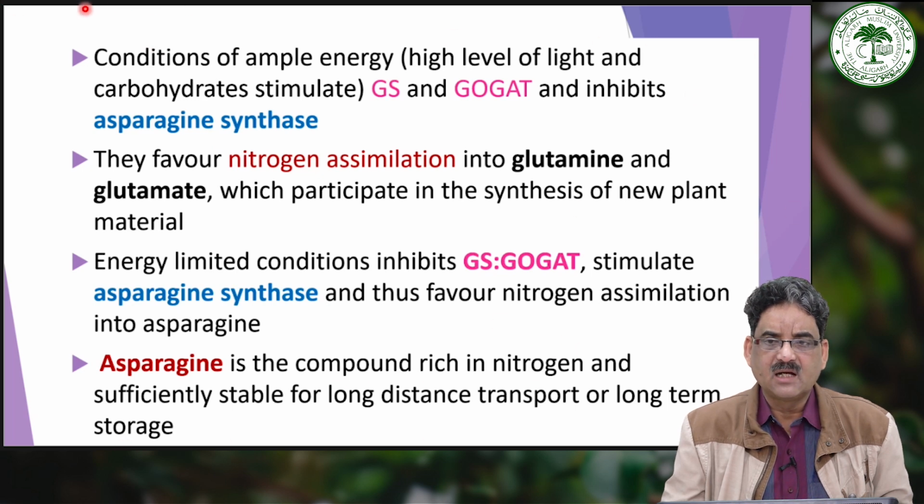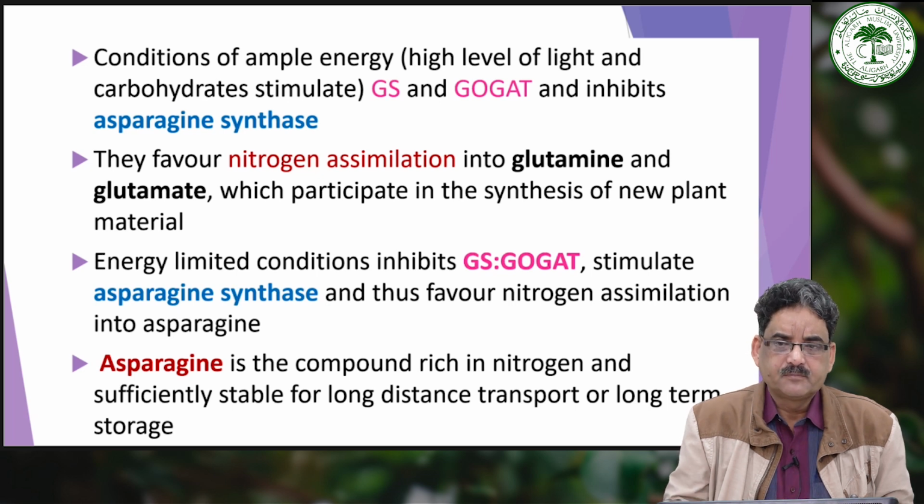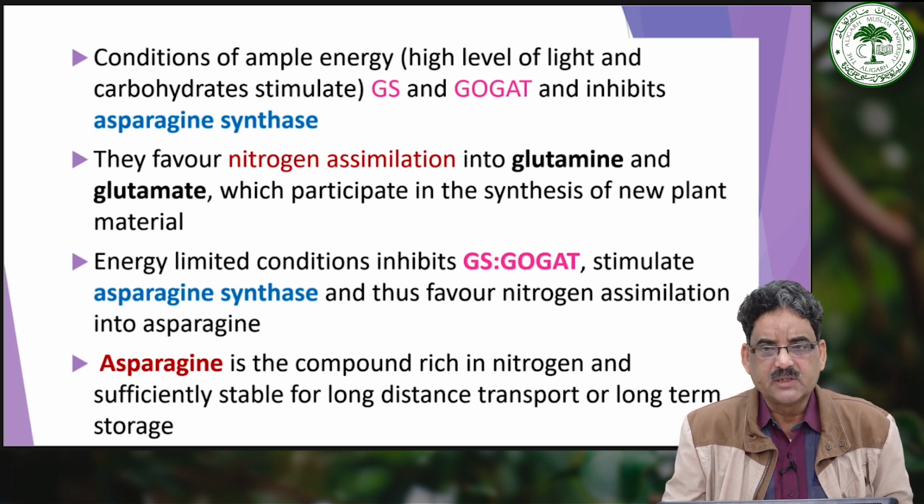This combination of regulatory action promotes the assimilation of nitrogen into glutamine and glutamate. These amino acids play a crucial role in the synthesis of new plant materials, contributing to growth and development.